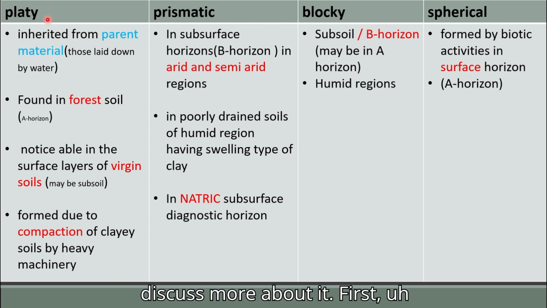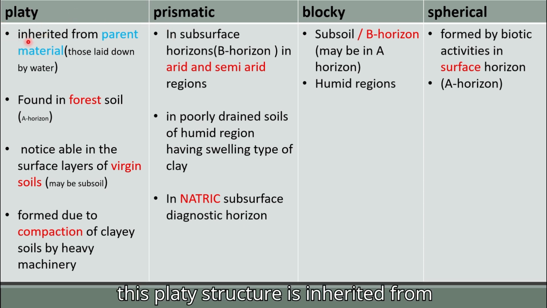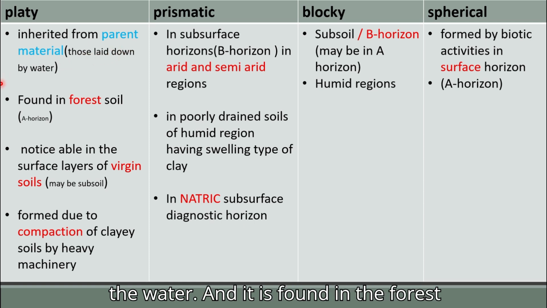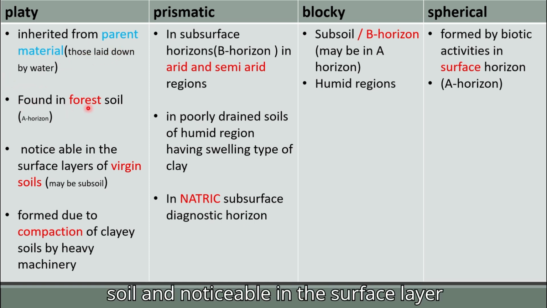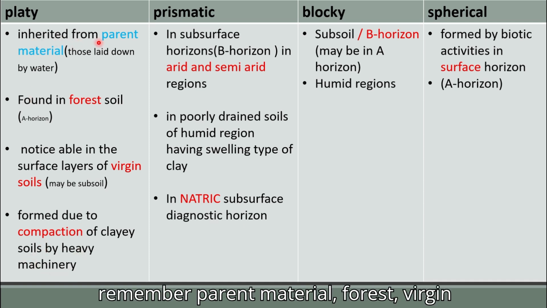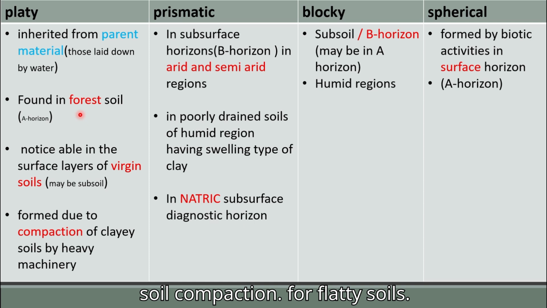This platy structure is inherited from the parent material, those laid down by water, and it is found in forest soil and noticeable in the surface layer of virgin soil. It is formed due to compaction of clay soils by heavy machinery. So just remember parent material, forest, virgin soil, compaction for platy soil.